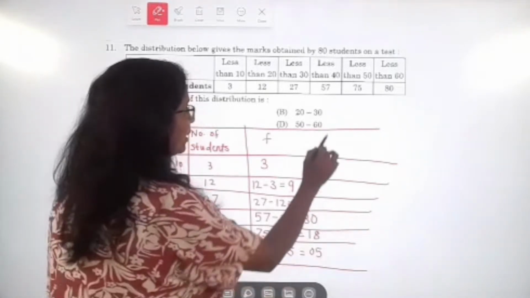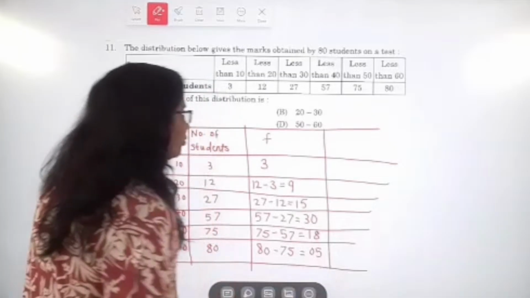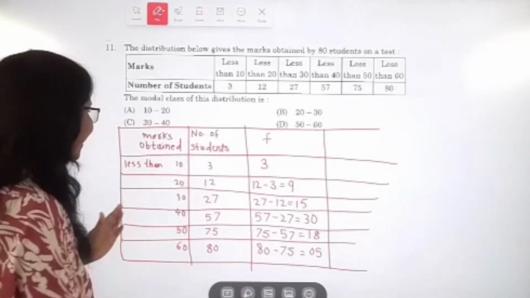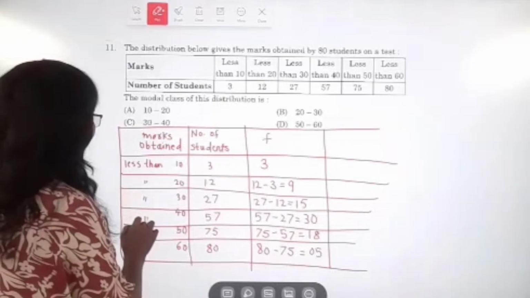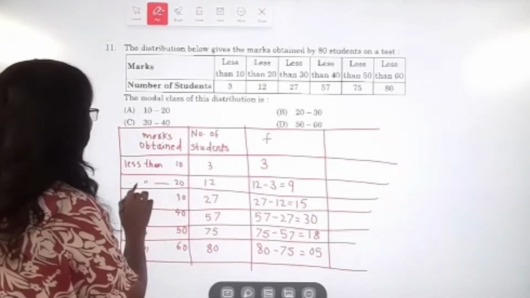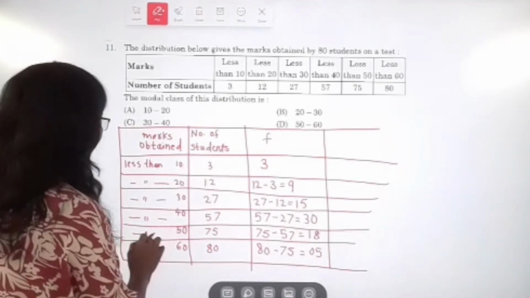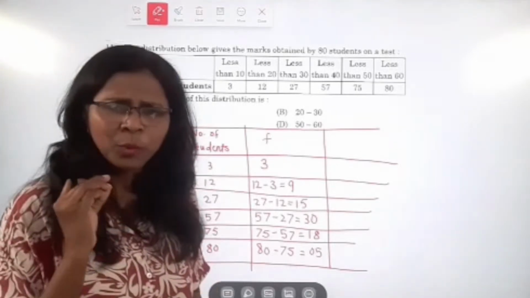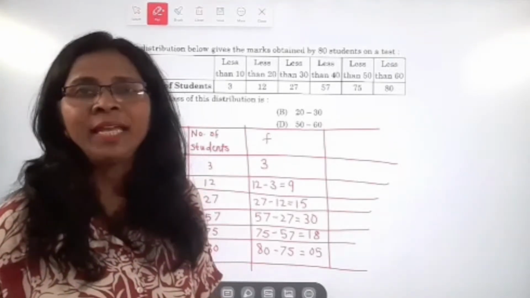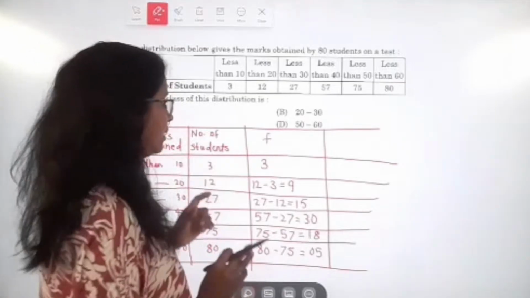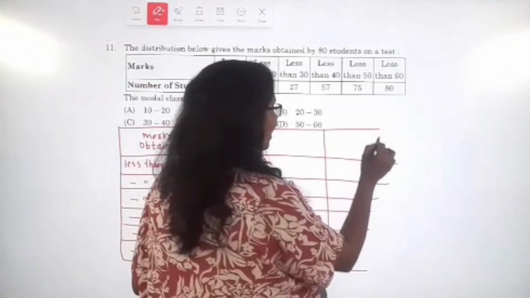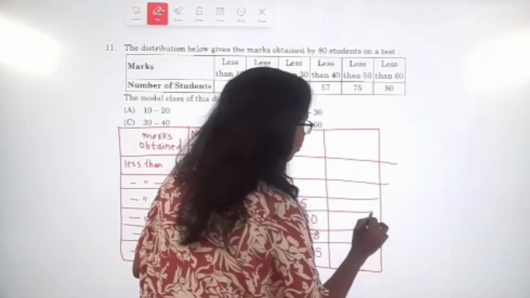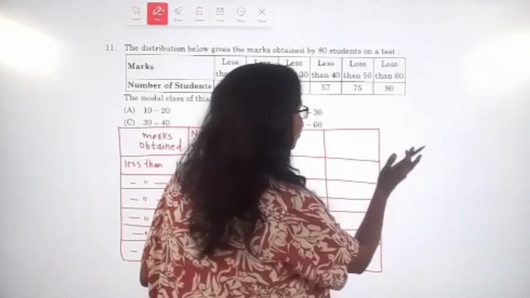Now here we know the marks are less than 10, less than 20, less than 40 and less than 60. What is the meaning of this? In a proper manner, we have to arrange the classes in the first column.